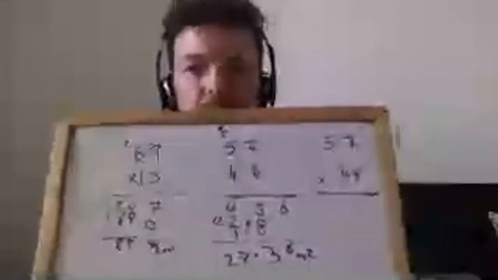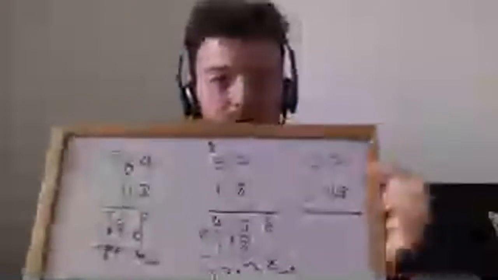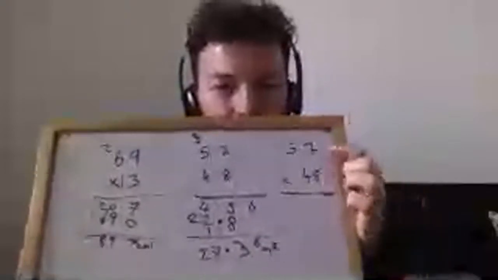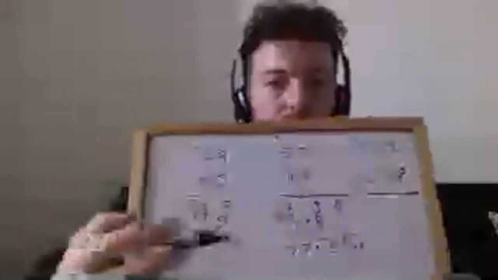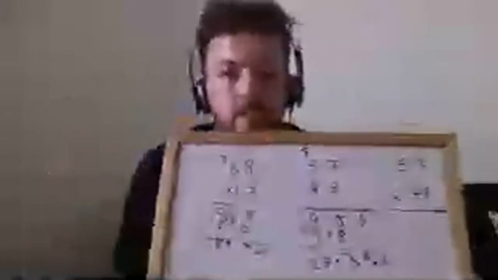Now, I did say I'd show you a bit of a trick that you can use if you want. If you're multiplying 2 numbers and they're both decimals, and you're not 100% sure on if I multiply by a tenth, I need to throw it back. Sometimes that can be tricky.